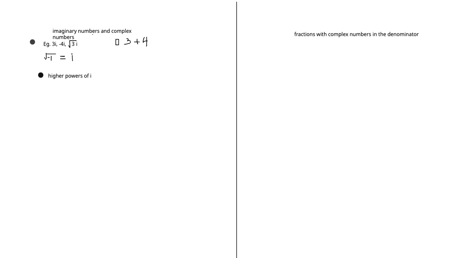Now this here will be a complex number and not an imaginary number because it's made up of what? A real number and an imaginary number combined by plus or minus.